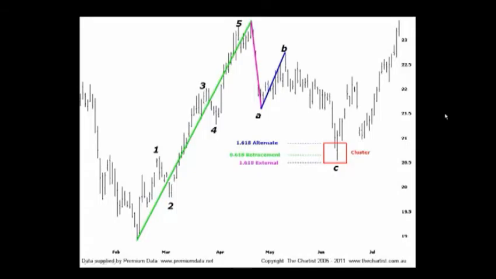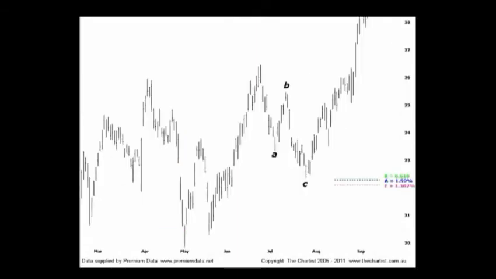It's very important to think about what the chart is telling us as opposed to what we want the chart to tell us. Two very, very different things. And that's why we only ever use the very specific kinds of levels, i.e. the 61.8, the 50%, and the 38.2, and projections.